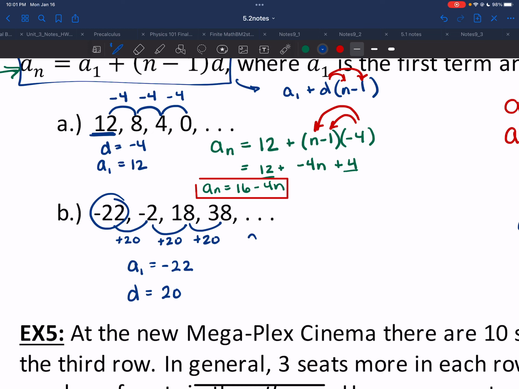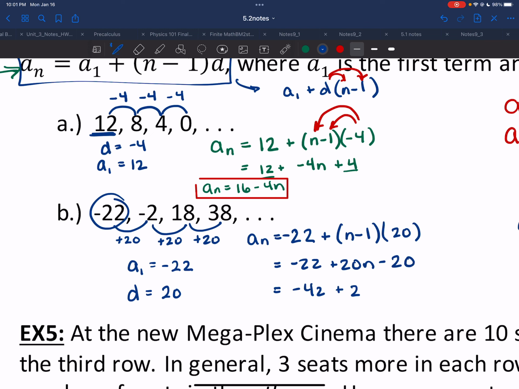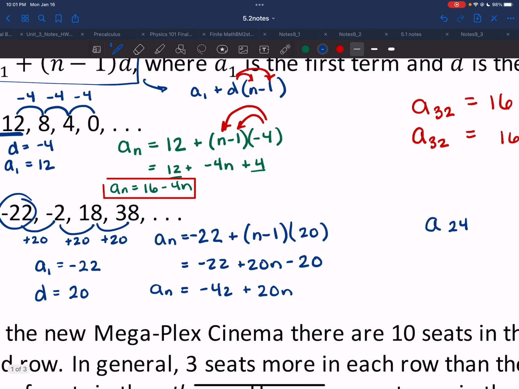So a_n equals negative 22 plus (n minus 1) times 20. So that's going to be negative 22 plus 20n minus 20. So that'll be negative 42 plus 20n. So that's going to be my formula. I've got that all ready to go.